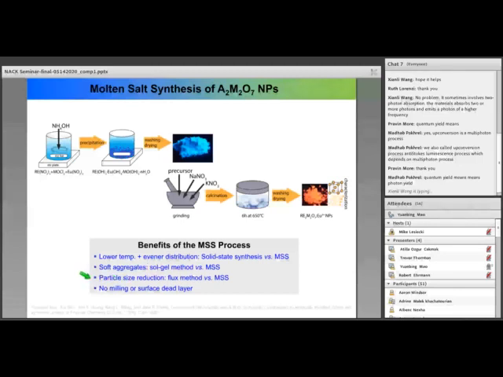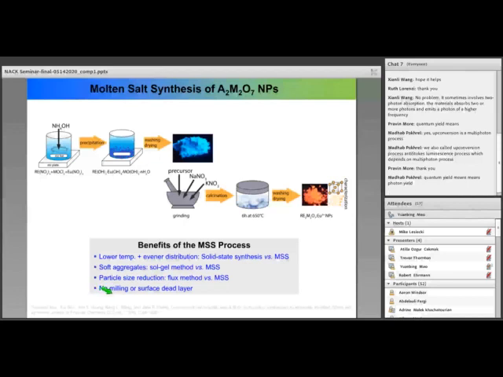And then the other thing is, the flux method also uses salt to help the formation of the product during that process. But the flux method is mostly used to synthesize single crystals or crystals of much larger sizes.